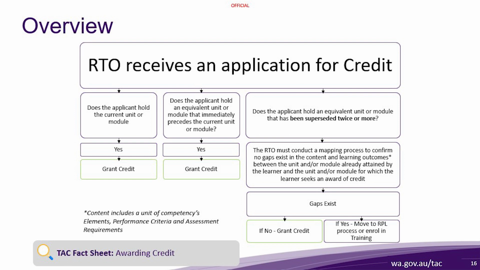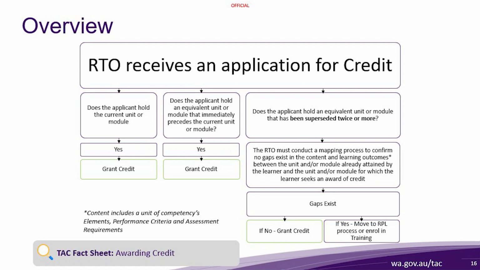If the applicant holds the current unit or module, then you can grant credit straight. And indeed, you must grant credit because Standard 3.5 says you must. The second option is where the student holds an equivalent unit of competency or an equivalent module that immediately precedes the current unit or module. If they do, then you grant credit.